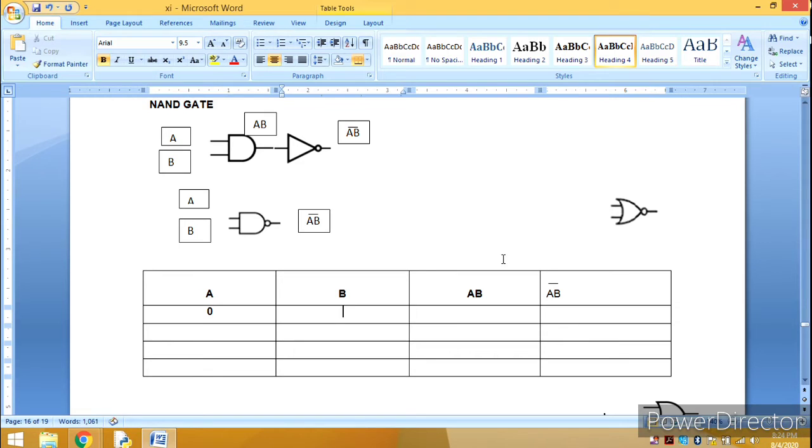For the inputs A and B, we can have the possibilities: both inputs are off, or this input off and this input on, the other this input on and this input off, and the other both inputs can be on. That is, the value can be true.